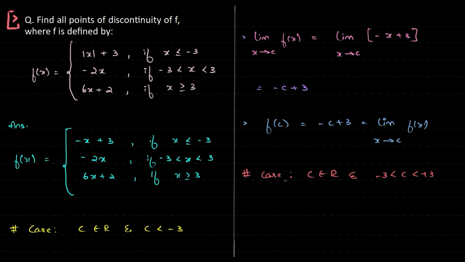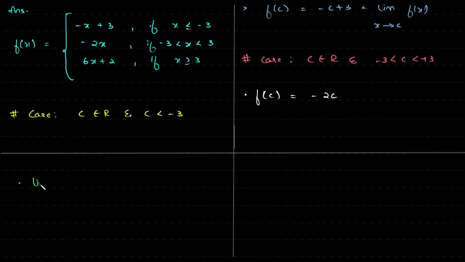So we have f of c in this case is minus 2c, and we have the limit of f of x as x tends towards c. In this case the behavior is minus 2x, and yes, here too it is continuous.